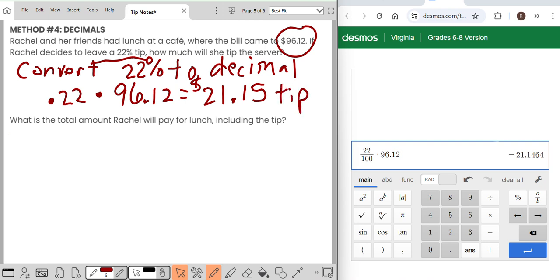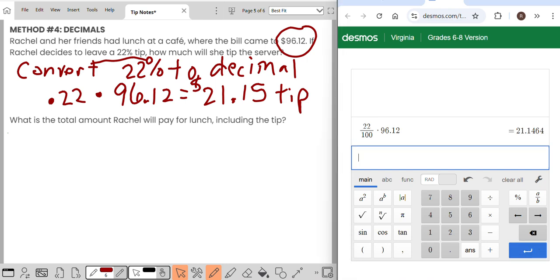And that's her tip, or her gratuity. So here you would say Rachel will tip her server $21.15.